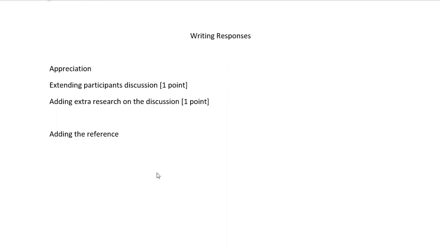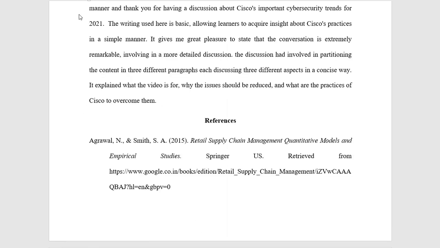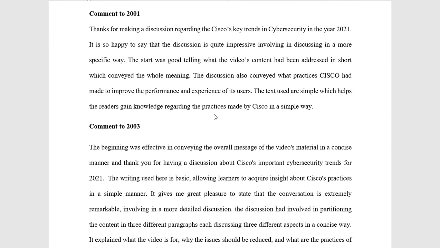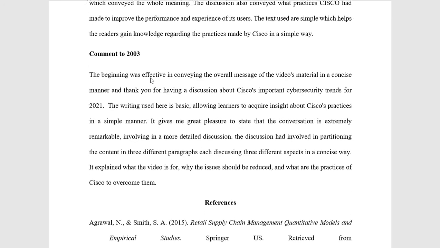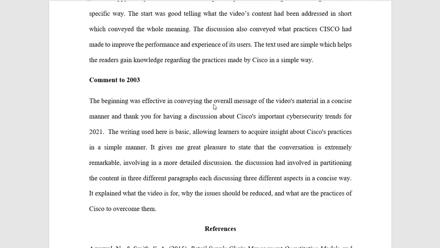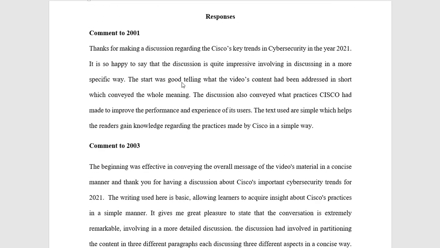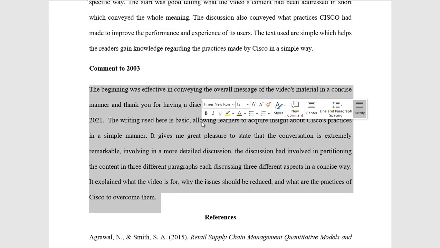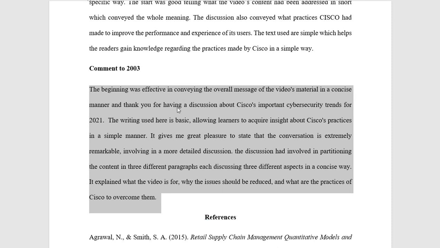How can we do that? Take this example. If you can see, this contains complete comments here, and at the bottom the researcher added the reference. Now, while submitting, we will be submitting this comment to one researcher and this comment to another researcher. Then how can we use these references for both people at a time?